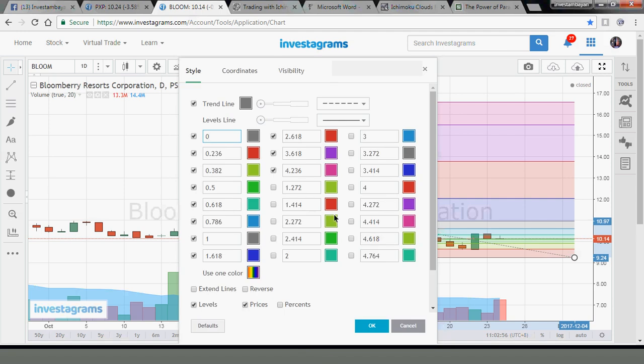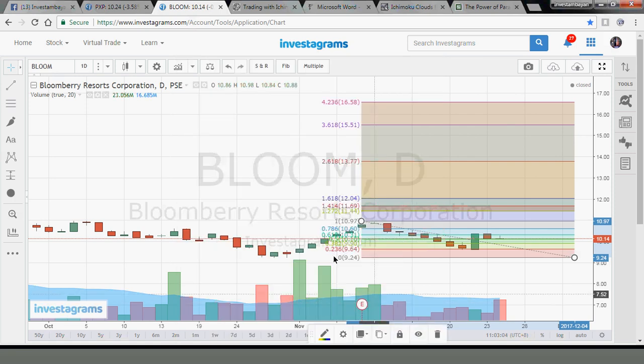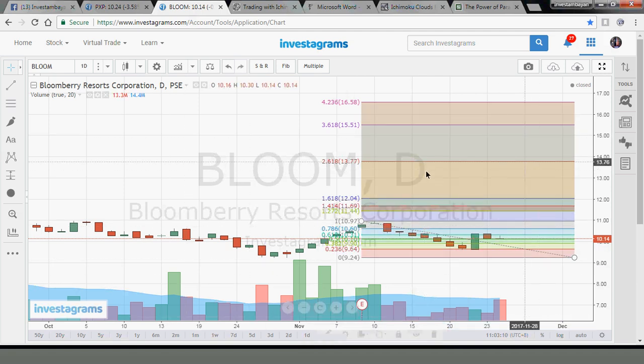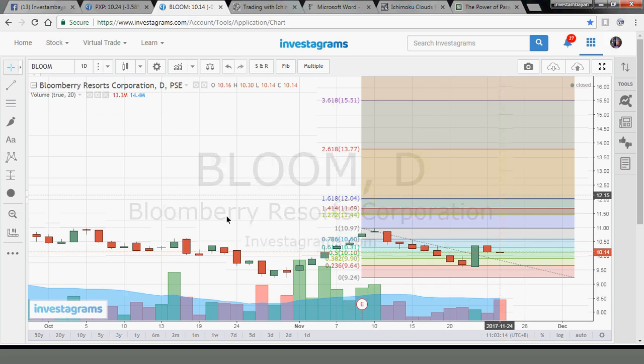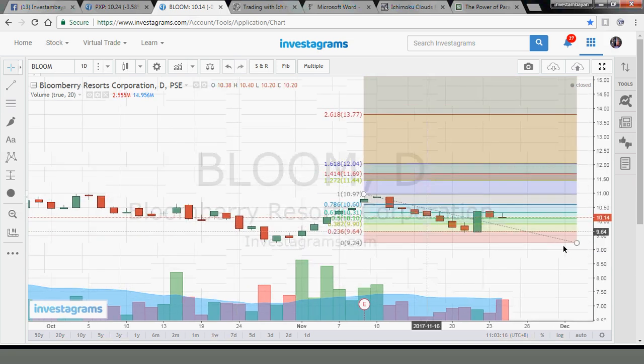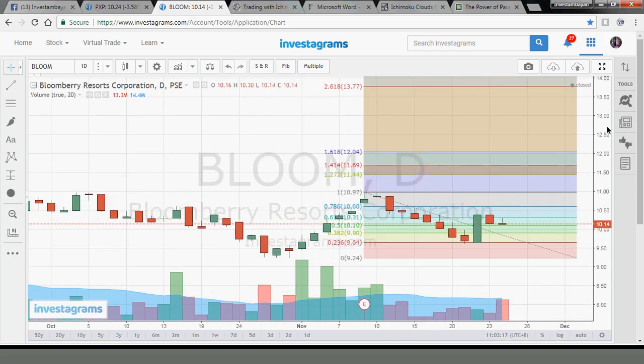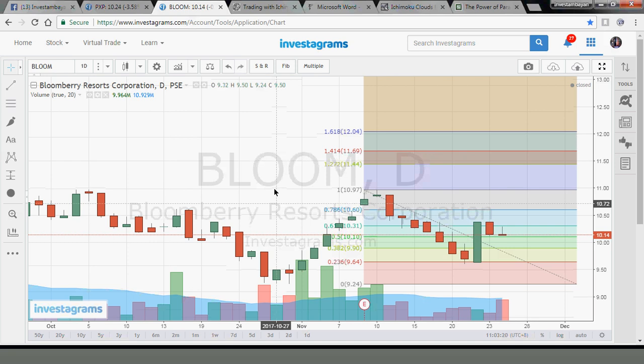Ayun, ito. Okay. Sa baba pala siya. So, dapat pala natin... kasi mag-drag. Anyway, adjust mo lang siya kung next na Fibonacci, doon mo hanapin yung trailing stop mo.